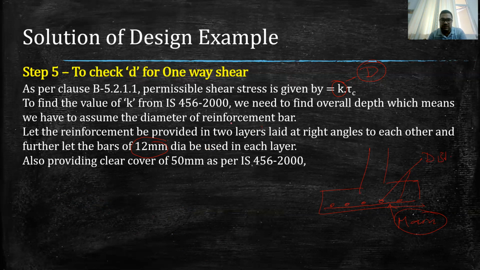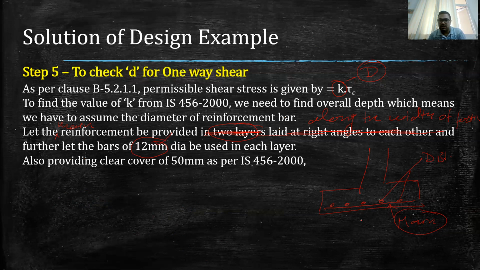So sorry, this is not in two layers. Sorry, this sentence is wrong. Here we will say let the main reinforcement be provided along the width of footing, and dia of that main reinforcement will be 12 mm.